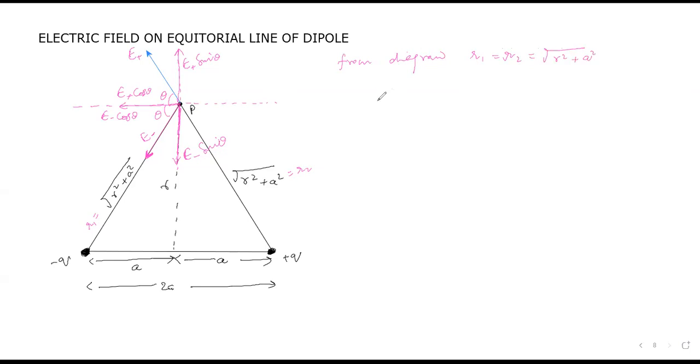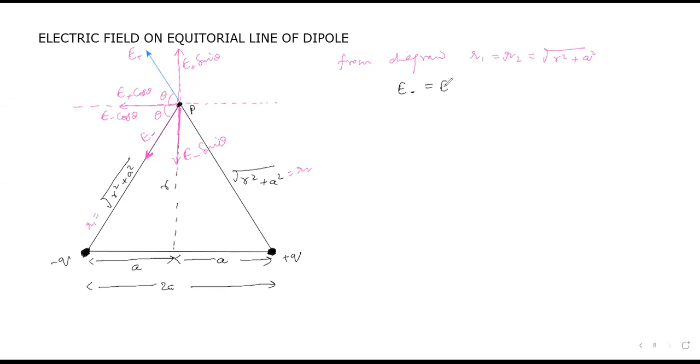Try to understand here: the magnitudes of both charges are the same, but opposite in nature. And the separation of point P from both charges is also the same. If all of these things are the same, then the electric field due to both charges is also the same in magnitude.